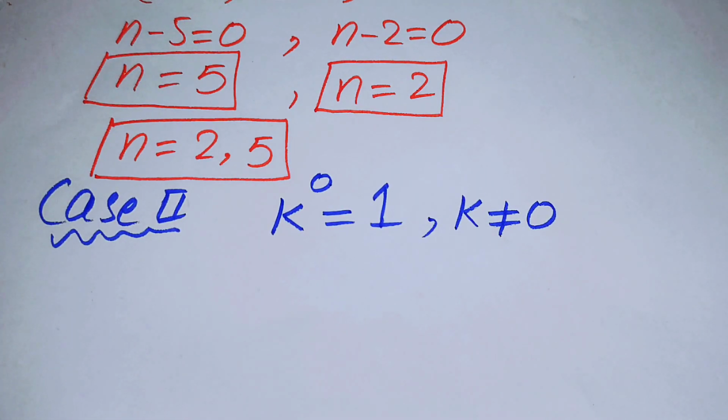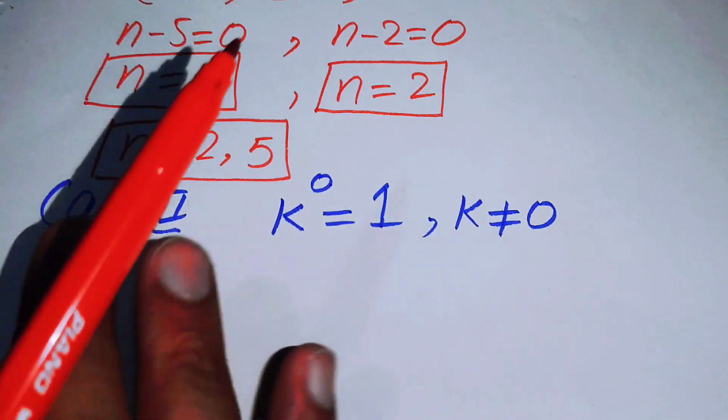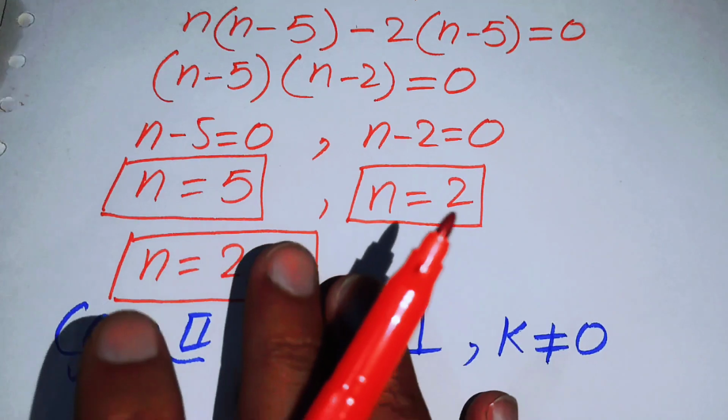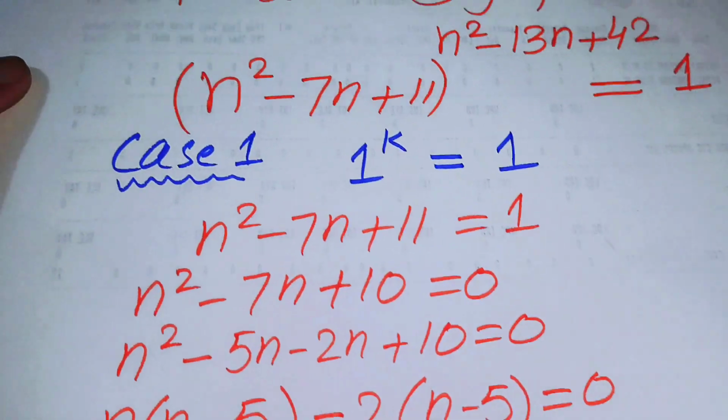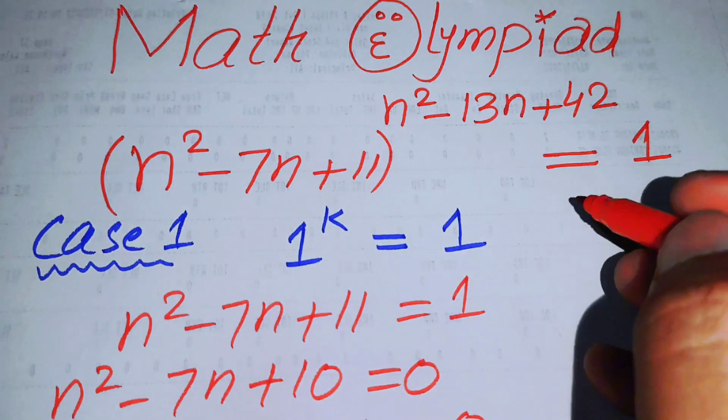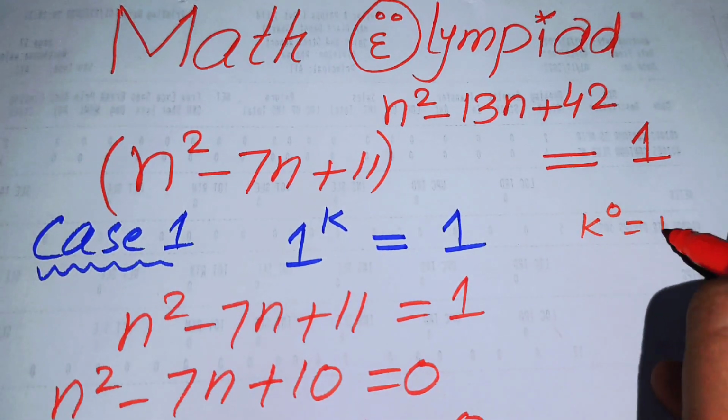Now we can check this case by comparing it with the given question statement. The statement of our given question is in this form, and our case is k to the power of 0 is equal to 1.